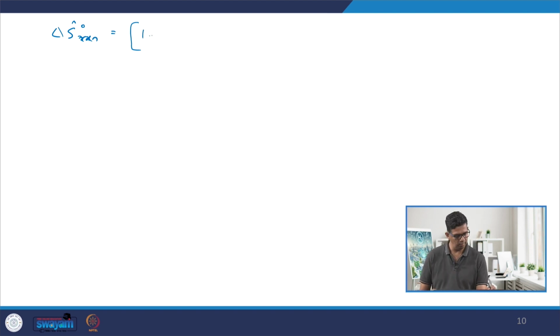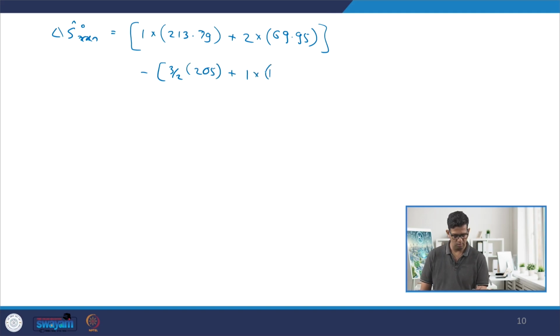So we go ahead: 1 times 213.79 plus twice 69.95, minus 3 by 2 times 205 plus 1 times 127.19. So if we calculate this, this comes somewhere close to minus 81 joules per mole per Kelvin.